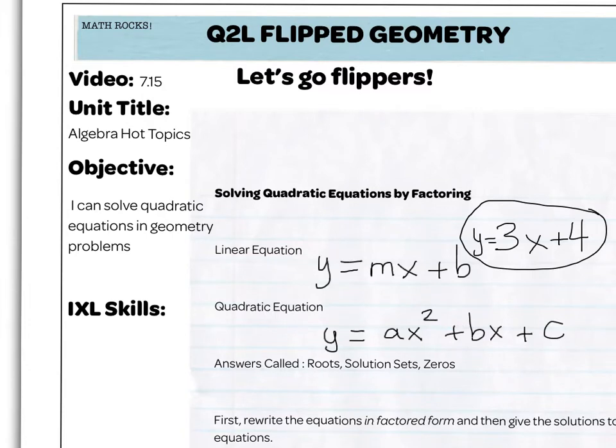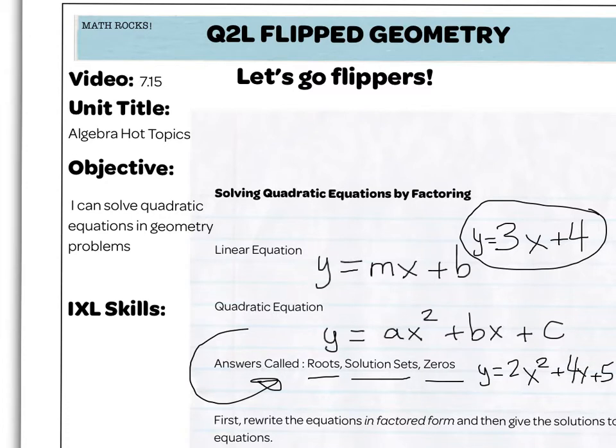That's why the answers to quadratic equations are often known as roots, solution sets, or zeros, because there are multiple solutions most times. An example of a quadratic equation other than standard form would be y equals 2x squared plus 4x plus 5.